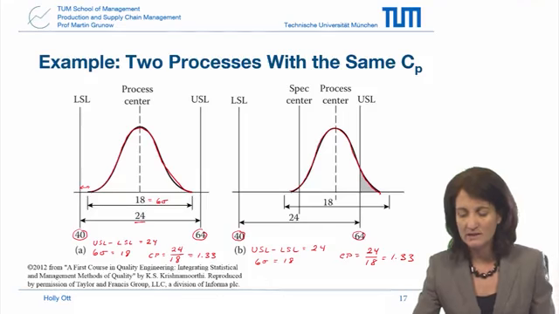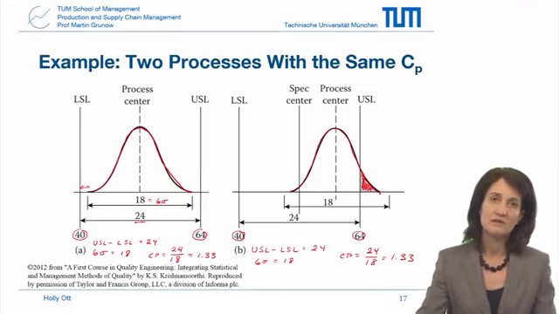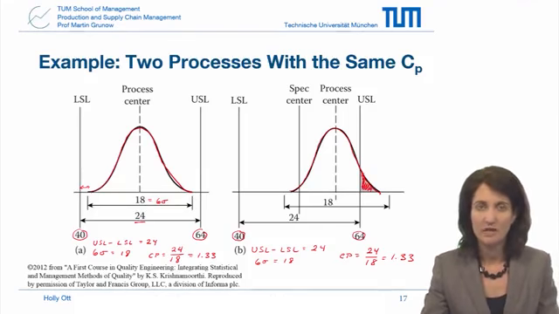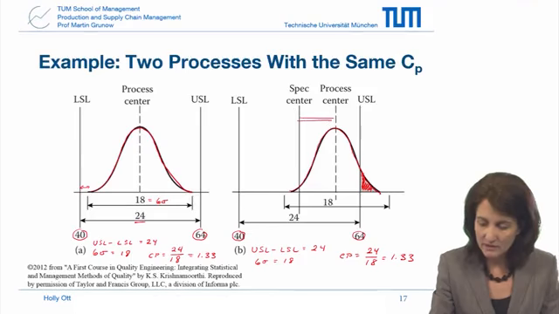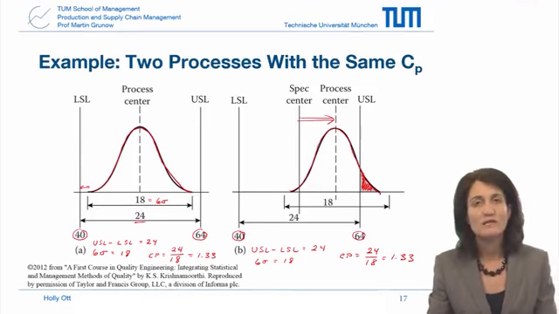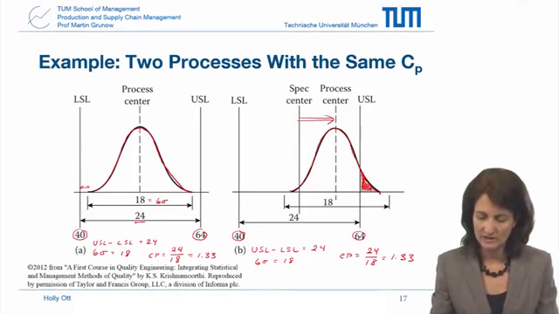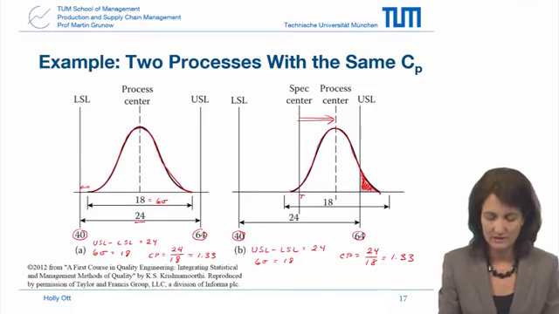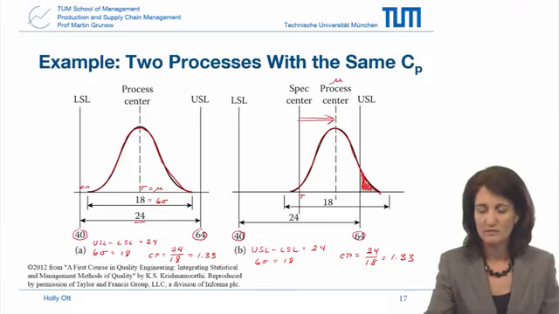But clearly you can see that there's a significant portion of the distribution falling above the upper spec limit. And why? Clearly because we are off center. Our process center no longer matches the target. Here's the target in these cases. Our process center is mu.